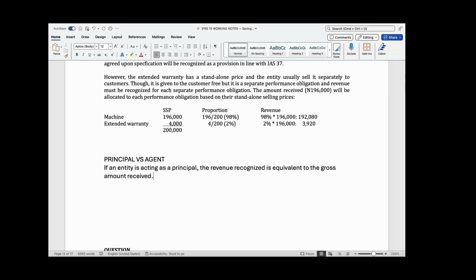Meaning it is the owner of the goods or services, the provider of the goods or services.